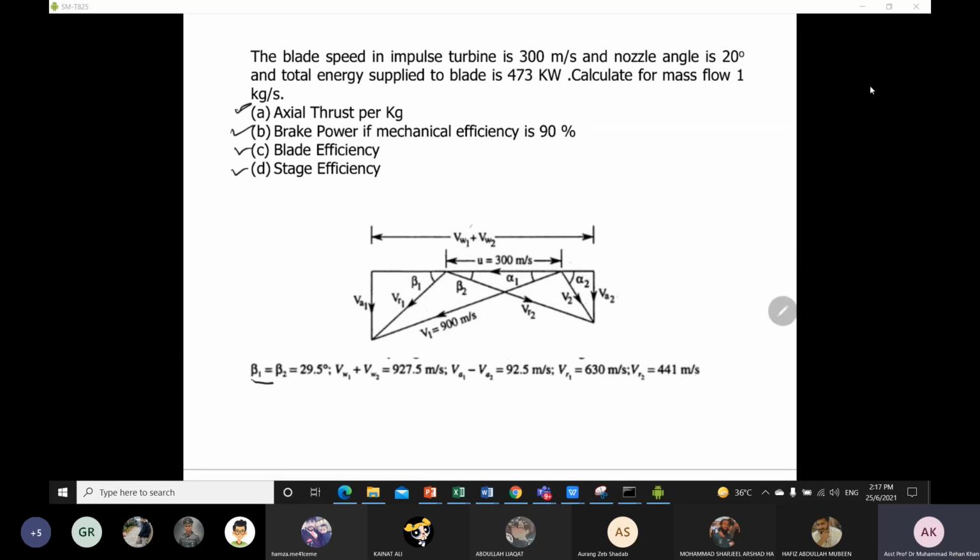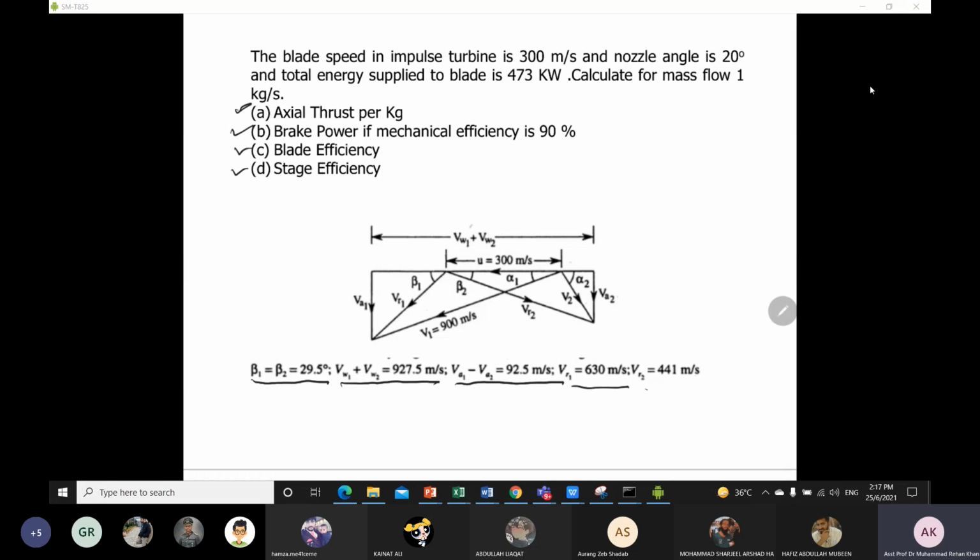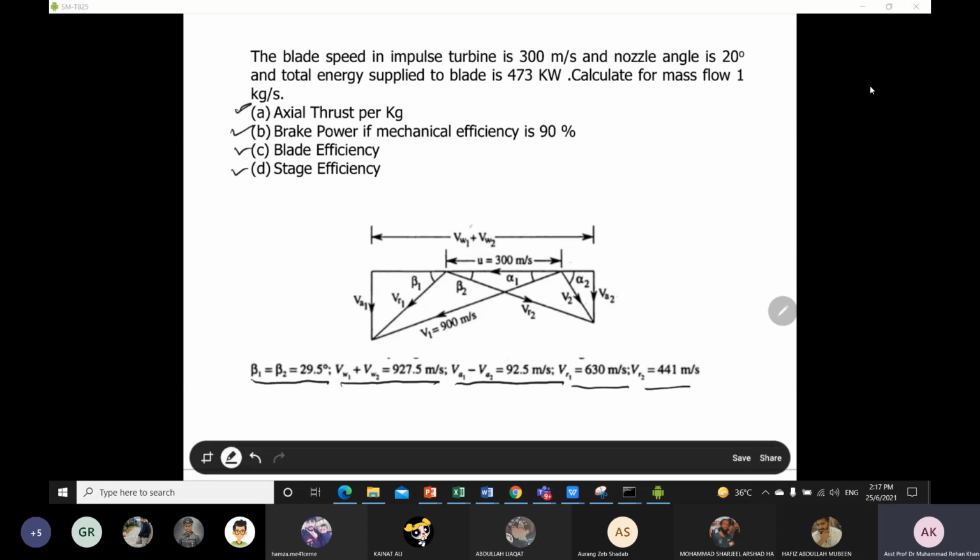Beta 1 is equal to beta 2, the angle is given; the difference of axial velocity at inlet and axial velocity at outlet is given; relative velocity at 1 is given, relative velocity at 2 is known. So you have to draw this figure, note down the data, and then see how to solve it.